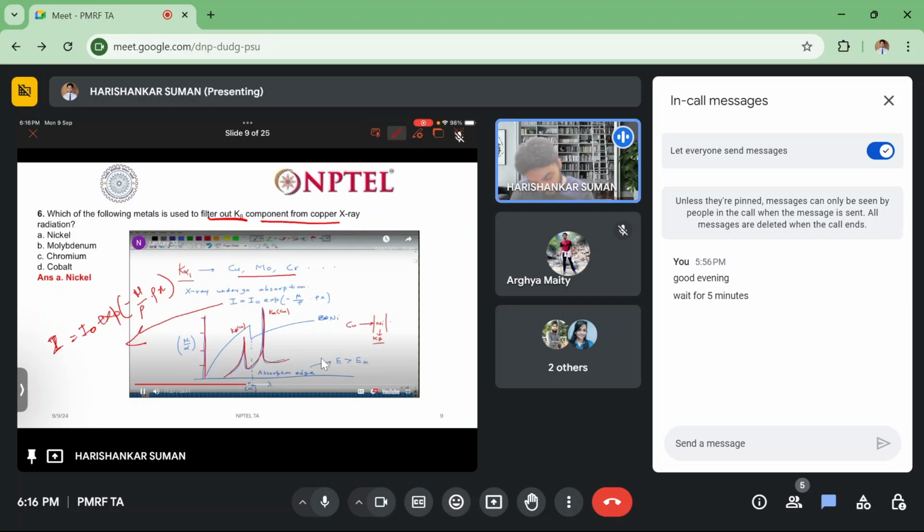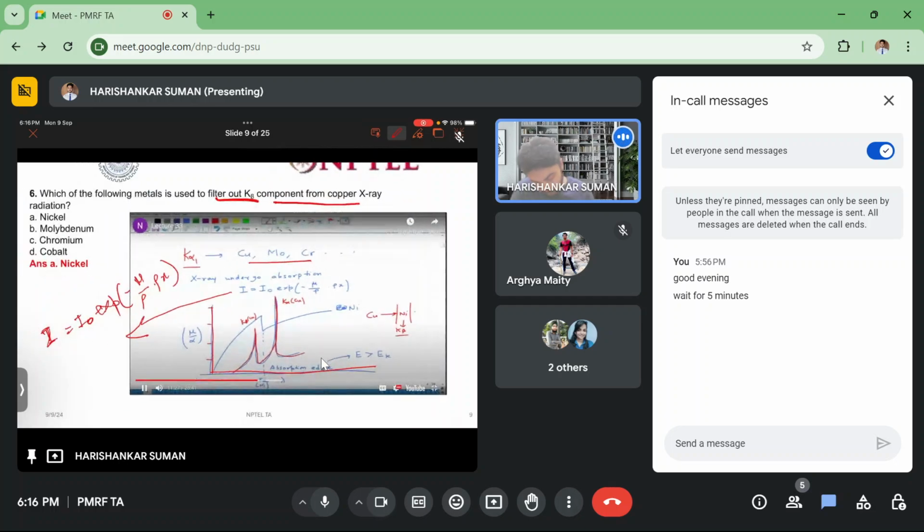And this is the plot of X-ray wavelength versus mu by rho. Here we can see, let me take a particular one. This is K beta edge, then K alpha edge.